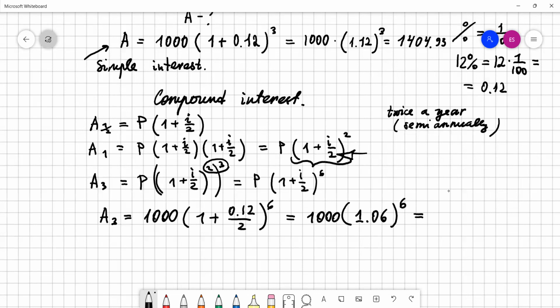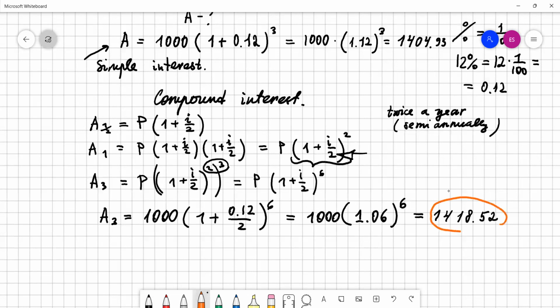Well, let's check what we're going to have in this case. 1.06 to the power of 6, multiplied by 1,000, gives me 1,418.52.